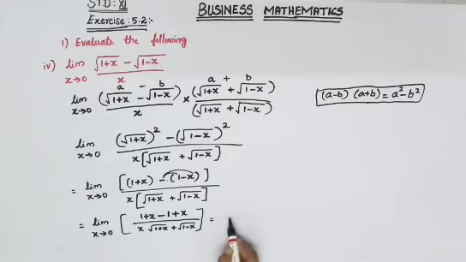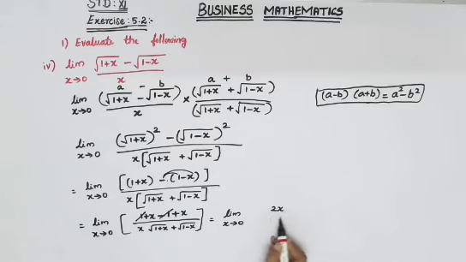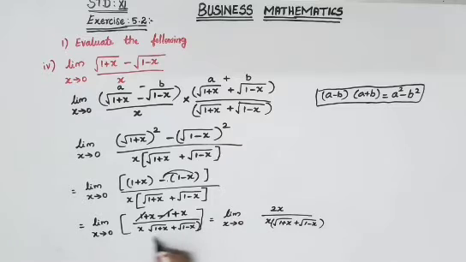So your next step will be limit x tends to 0. Minus 1 and plus 1 you can cancel. Plus x and plus x, you will have 2x in the numerator, divided by the denominator as it is, x into root of 1 plus x plus root of 1 minus x, that is within the bracket. Here also you will have bracket.